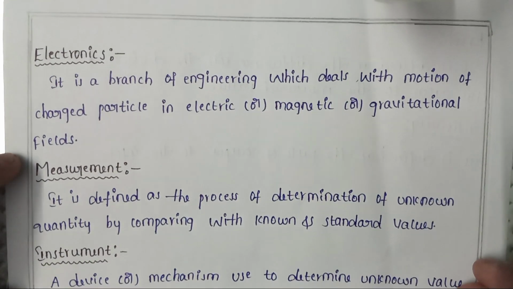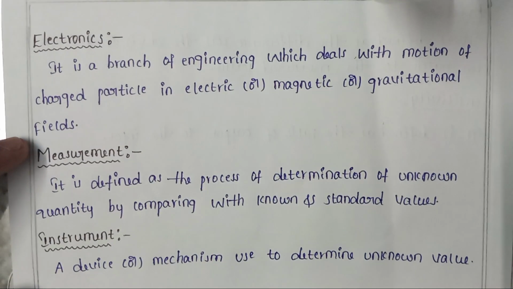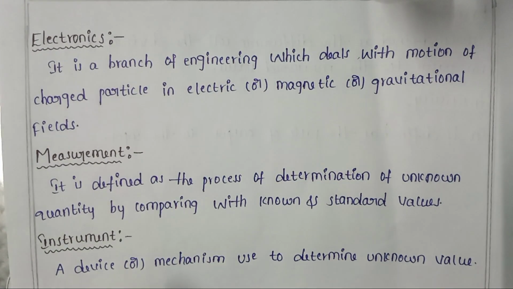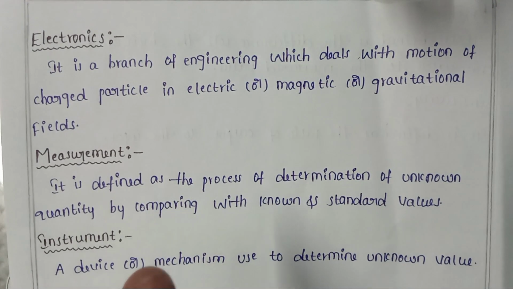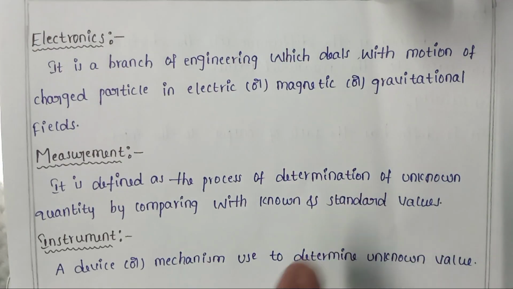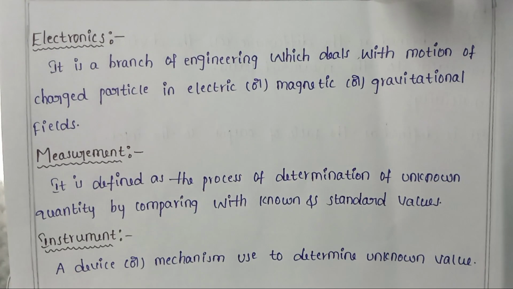Next, the definition is measurement. Simply, it is the process of determination of an unknown quantity by comparing with known and standard values. Measurement is nothing but identifying some unknown quantity. That process is called measurement.